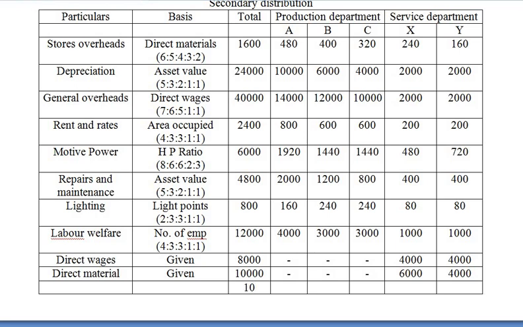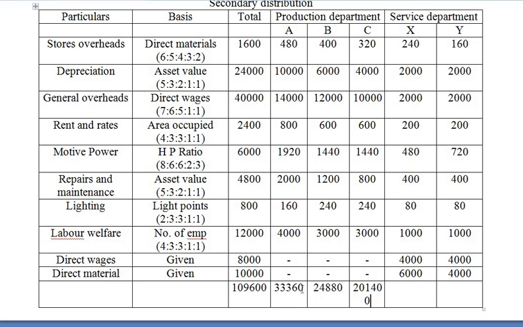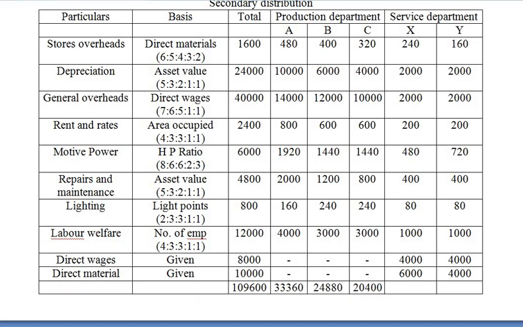That is 109,600, then 33,360, 24,880, 20,400, 16,400, and this is 14,560. Now this is the total.